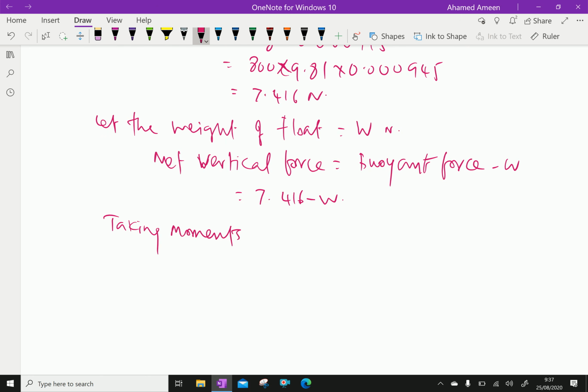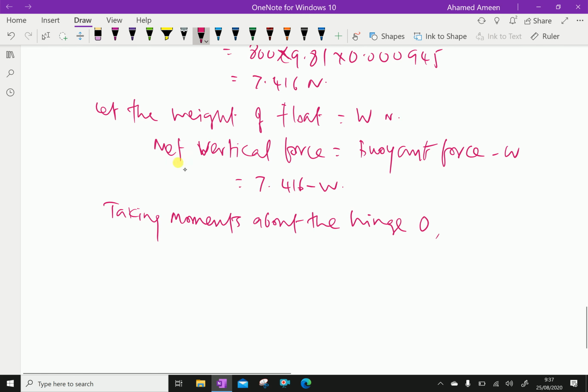Taking moments about the hinge O, that is force P into 20 equal net vertical force, 7.416 minus W, into 50 cos 45.